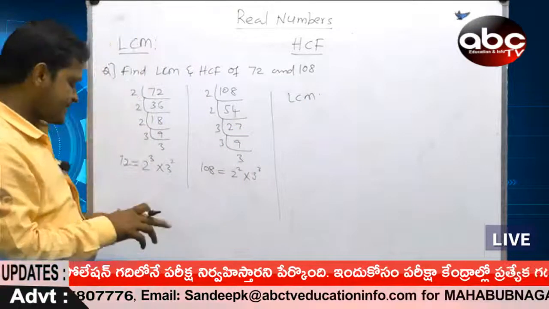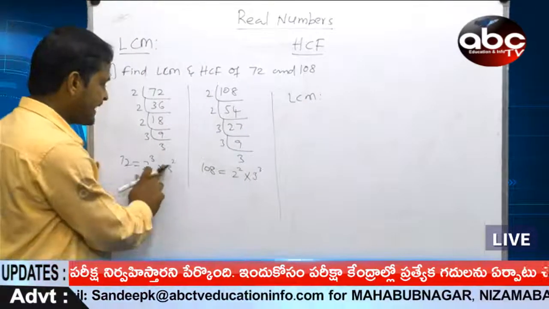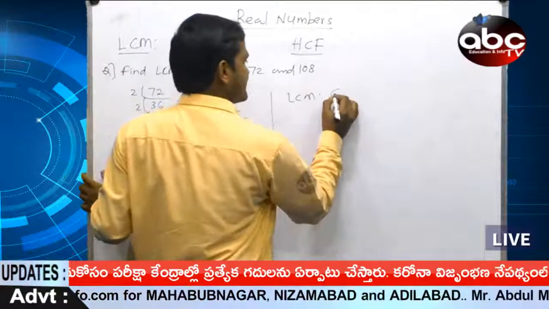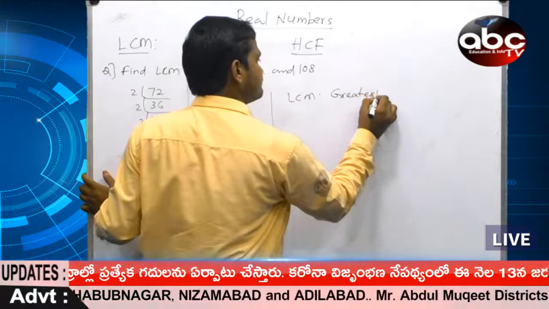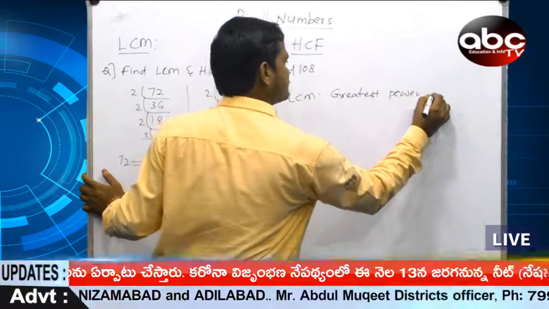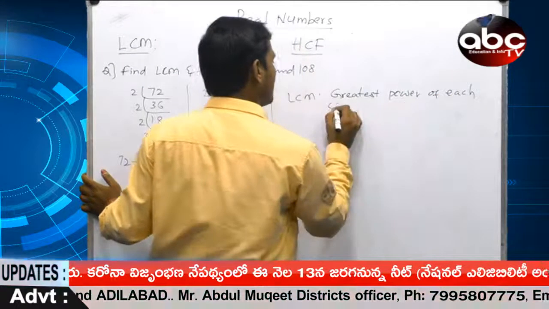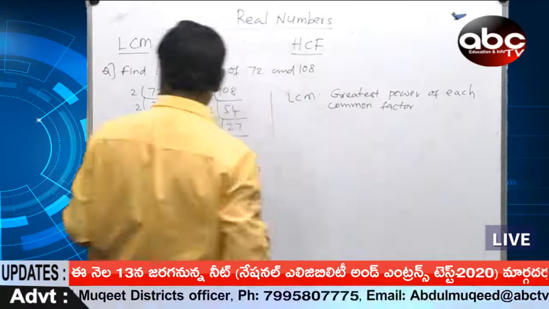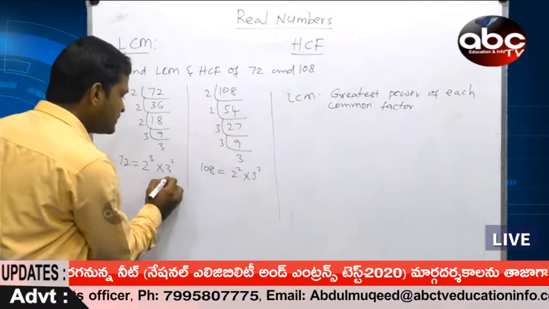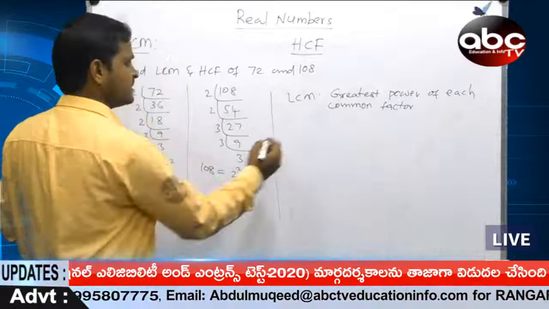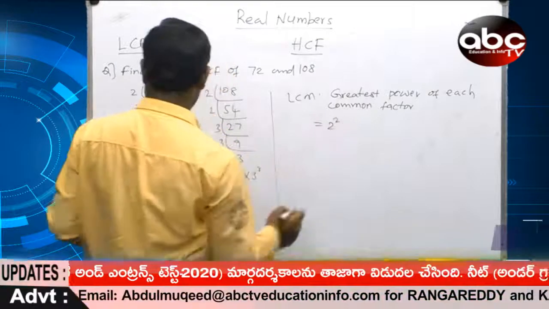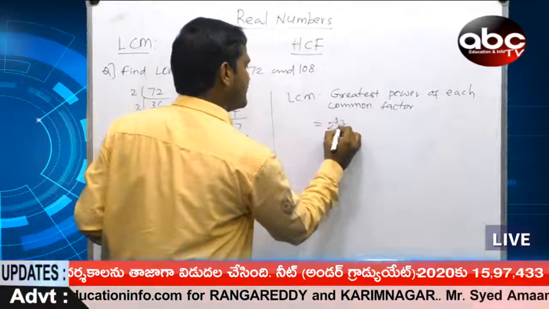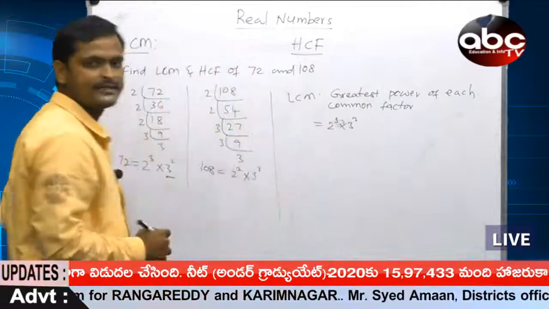LCM is the greatest power of each common factor. Okay, greatest power of 2 is 2 cube, greatest power of 3 is 3 cube.